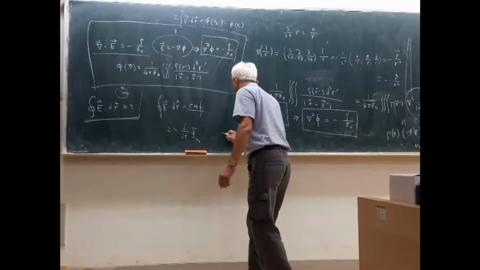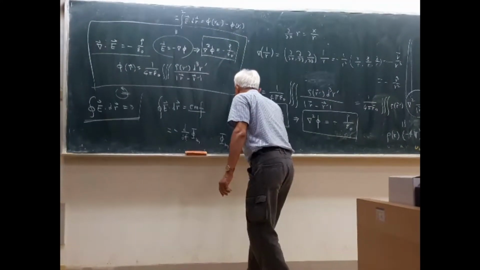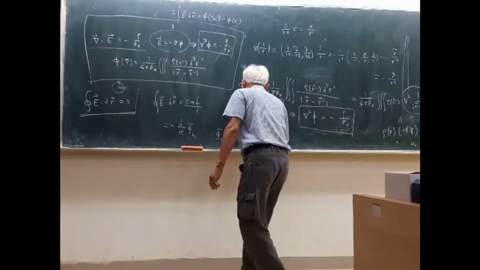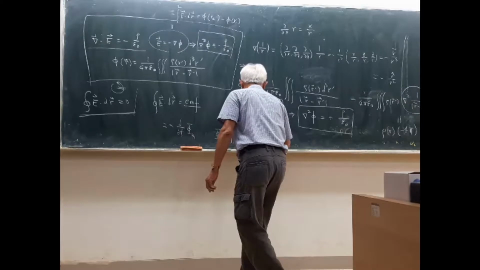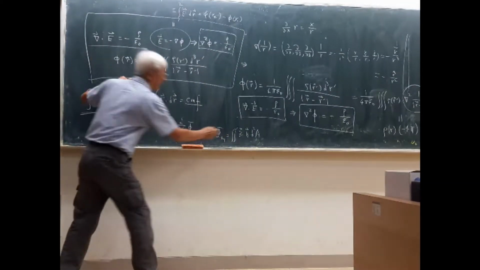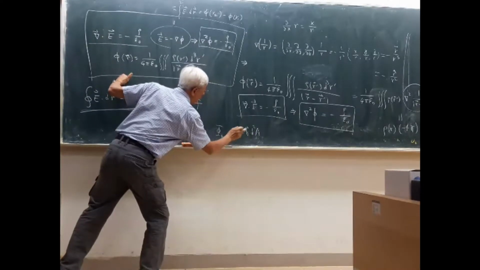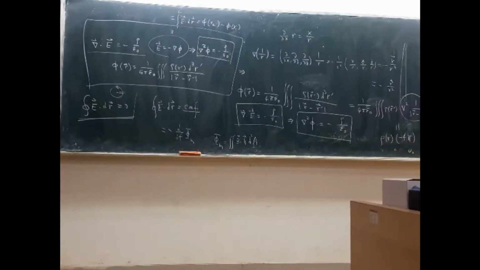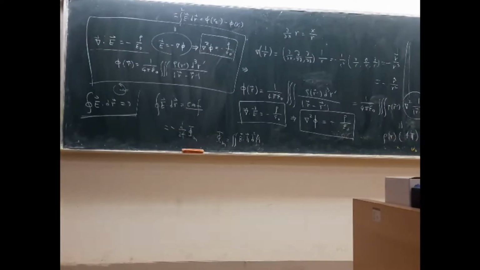And what is magnetic flux? Magnetic flux is the surface integral of B dot n. That's why you call it magnetic flux.